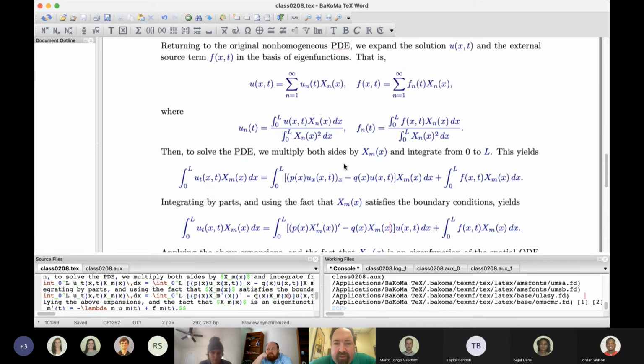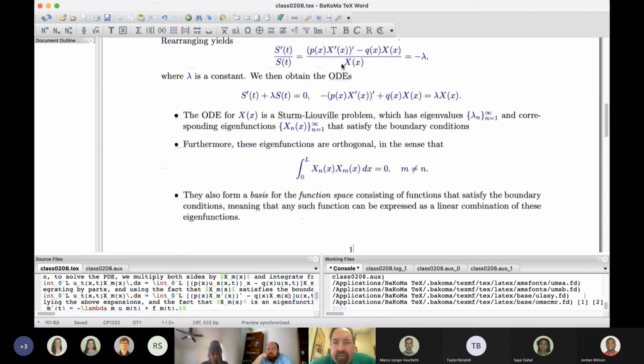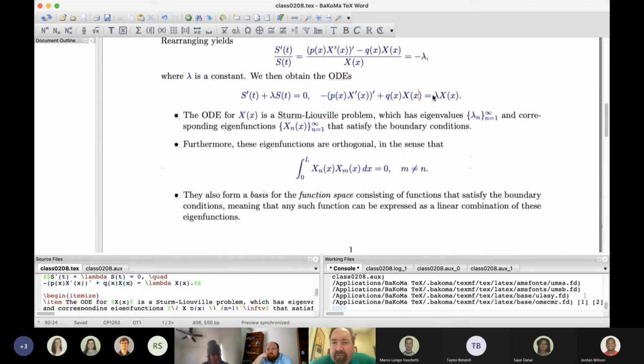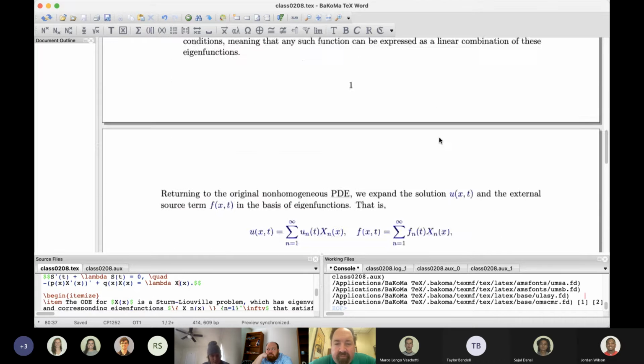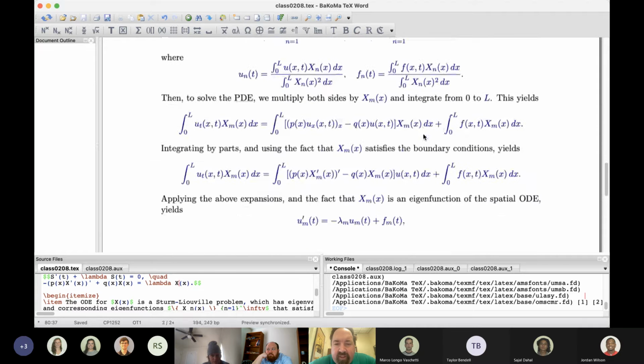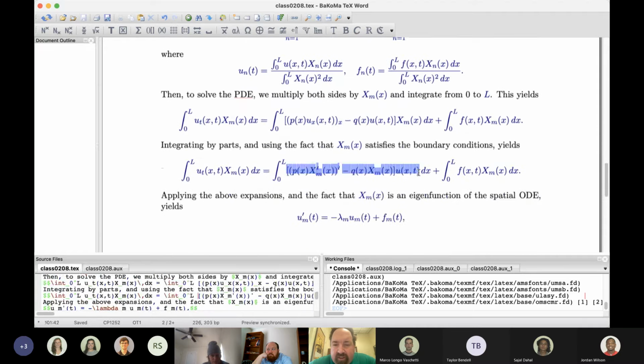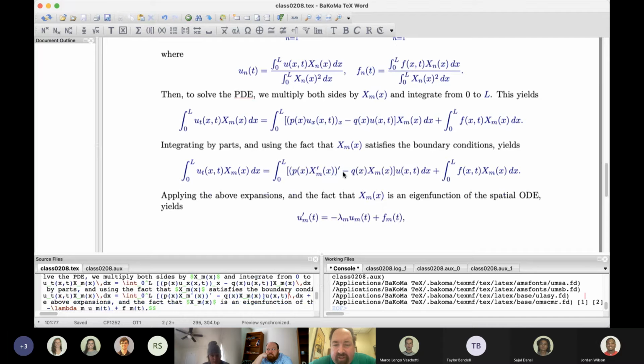Now, what about this right here? If I go back to my Sturm-Liouville problem, that is equal to lambda times X. I can replace all of this with lambda times X. So this whole thing condenses to minus lambda_m times u_m of t, that comes from here.